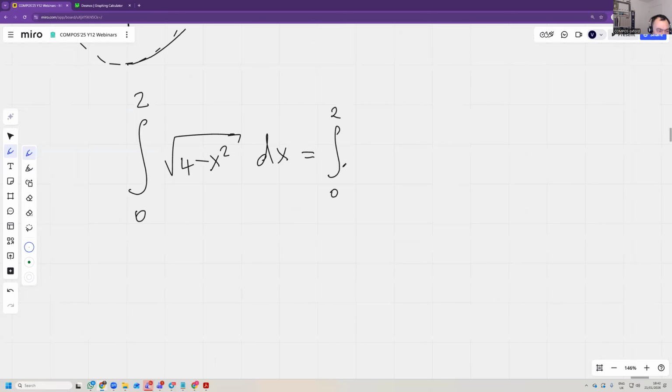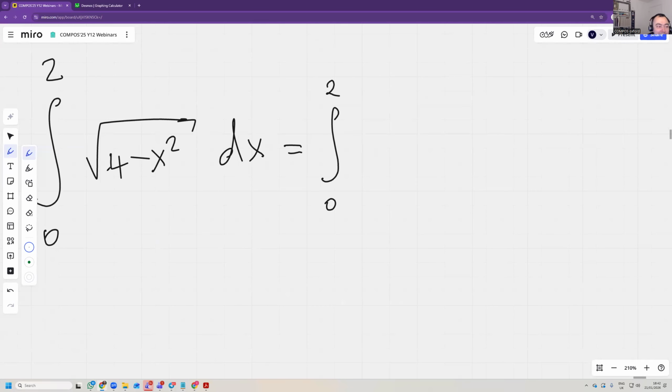So what I'm going to do is take the 4 out of this expression. I'm going to take square root of 4 out, and it becomes 1 minus x squared over 4 dx.